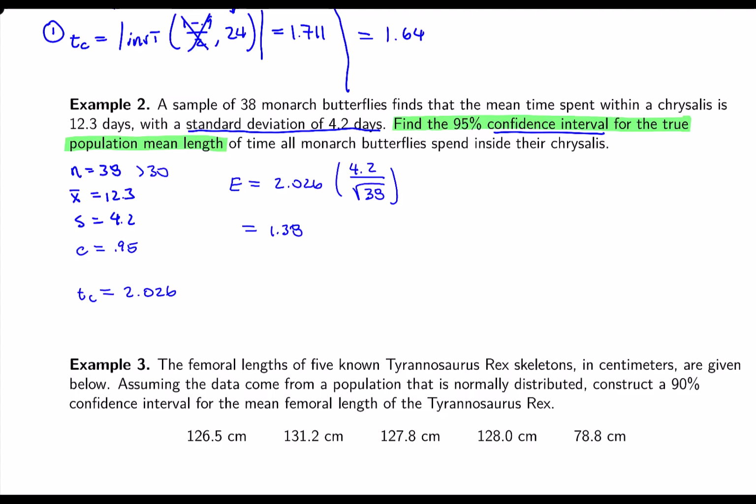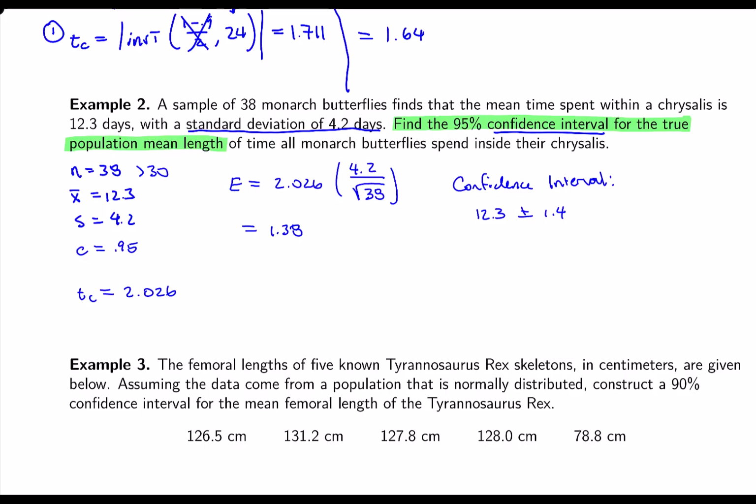And when I have that margin of error, all I need to do then to finish the problem off is to add and subtract it to the point estimate, which is 12.3. So to get my confidence interval here, I take the point estimate of 12.3 and I add and subtract to that. I'm going to round it to 1.4 just to match the accuracy.